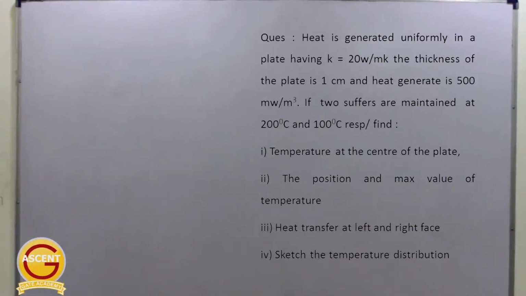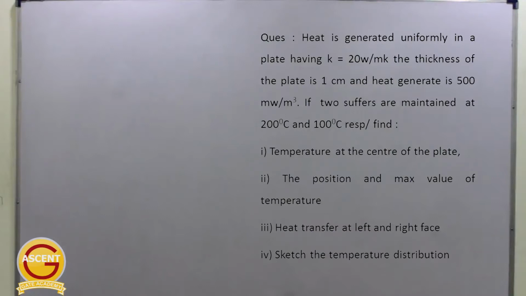Okay, now we will solve a problem of heat generation through plane slabs. So the question is, heat is generated uniformly in a plate having thermal conductivity equal to 20 watt per meter Kelvin. The thickness of the plate is 1 centimeter and heat generation rate is 500 megawatt per meter cube.